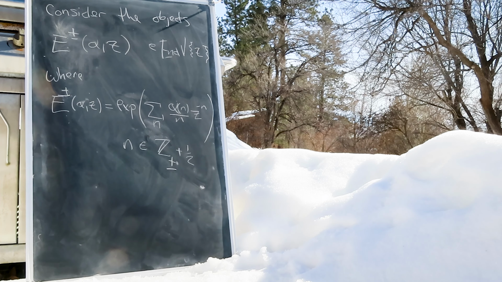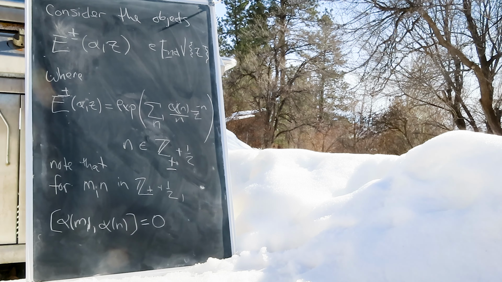This is not unlike splitting Fourier series into positive and negative frequency components. And we do this here because the endomorphisms alpha of m all commute with one another if m and n are both positive or both negative.